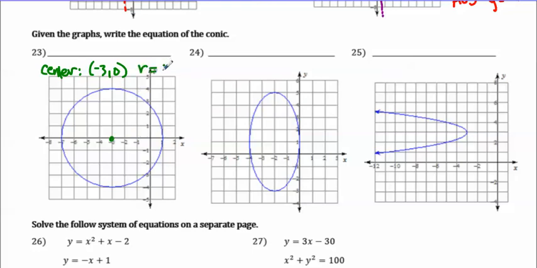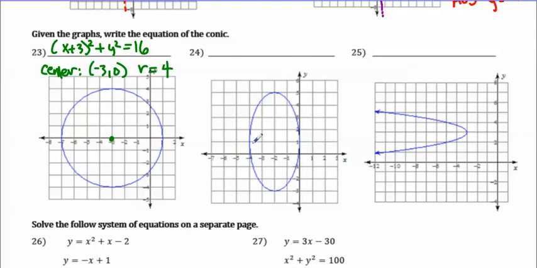So the radius equals 4. So you're going to use those in the equation of your circle. So it would be x minus negative 3, so I get x plus 3, plus y minus 0 squared is just y squared, and that's going to equal r squared, so that's going to equal 16.